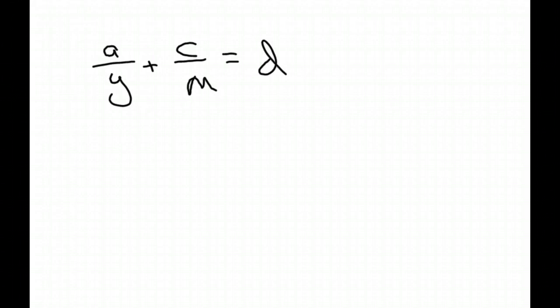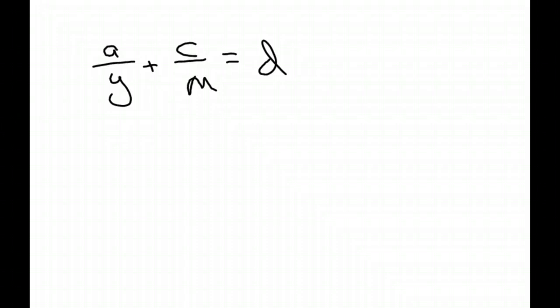For instance, if I have a over y plus c over m equals d, that's an abstract equation. Let's solve for y. And then you have to figure out how to algebraically do these so that you can solve for y.